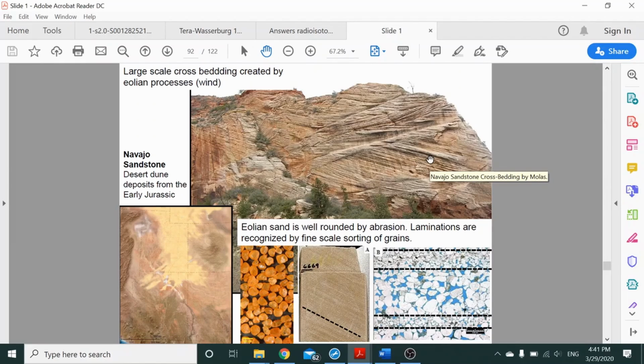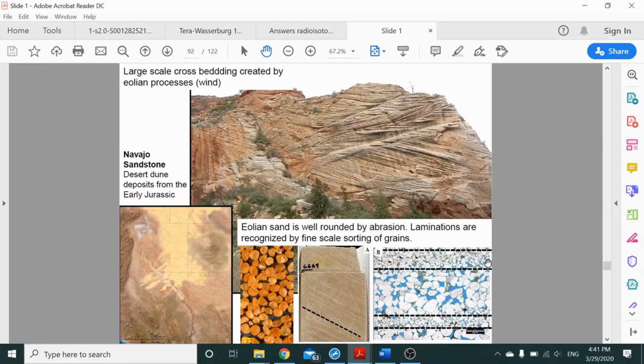Another thing is the wind deposit. Even though the wind deposit has very good sorting, the wind speed is going to change. So within one of the stratifications, we can see laminations in the micro scale.